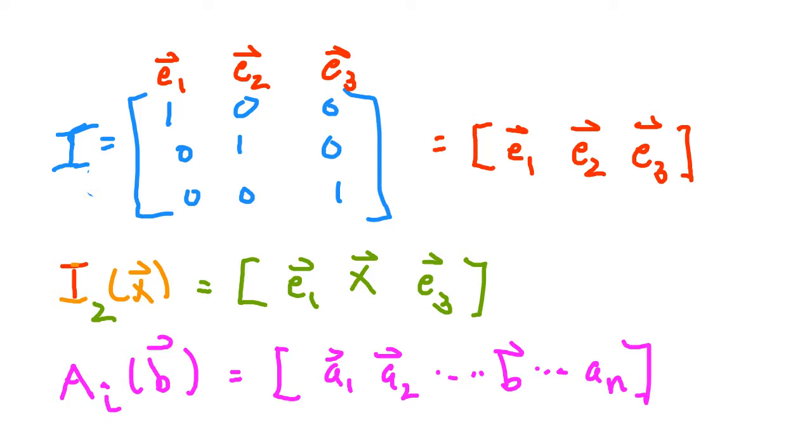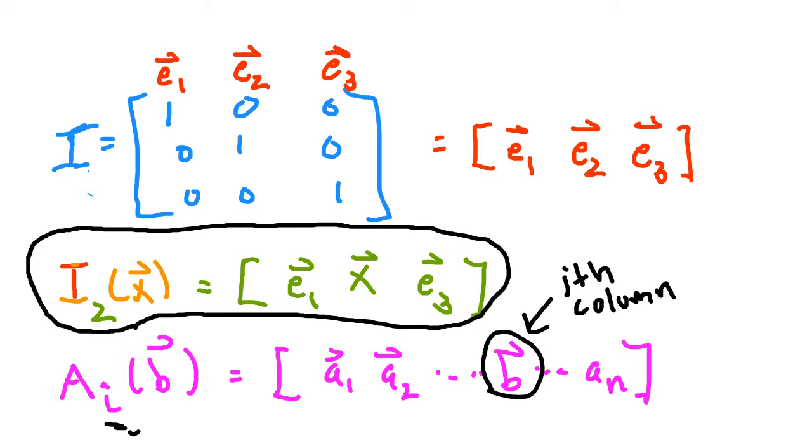All the column vectors of the matrix A are there, except in the ith column, you replace the ith column of the matrix A with vector b. See? So it makes sense that I sub 2 of x would be that matrix there with those 3 columns.